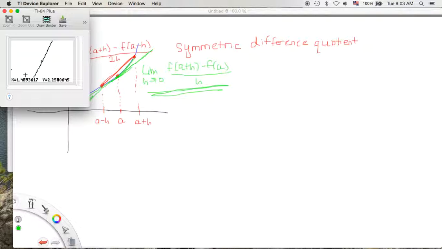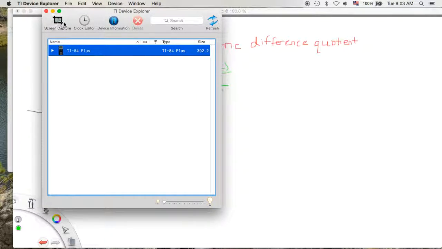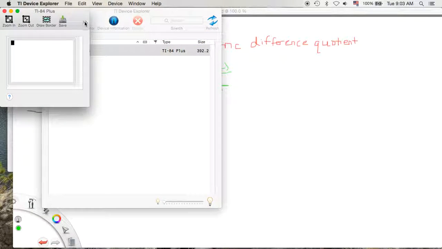If you look on your calculator, go back to the home screen, first you have to get it to stop freaking out. On your graphing calculator, you can go to where it says math, and then go down to number 8 where it says nDeriv, and hit enter.